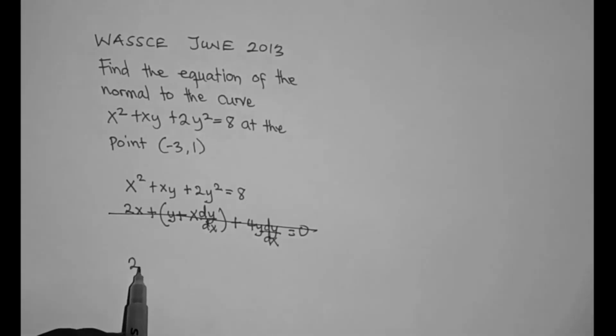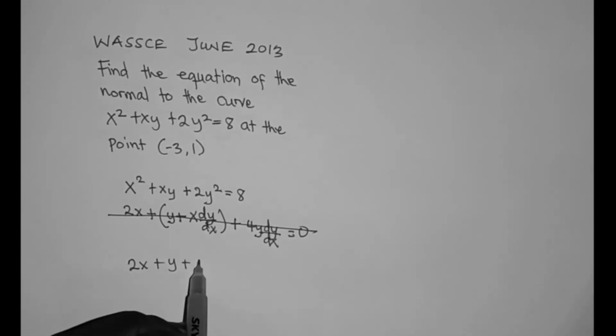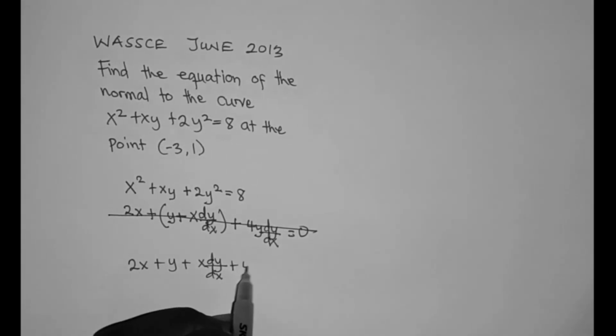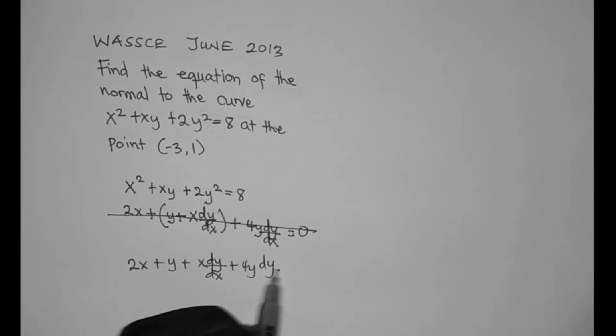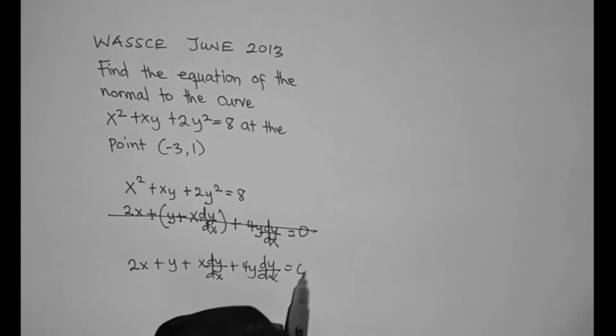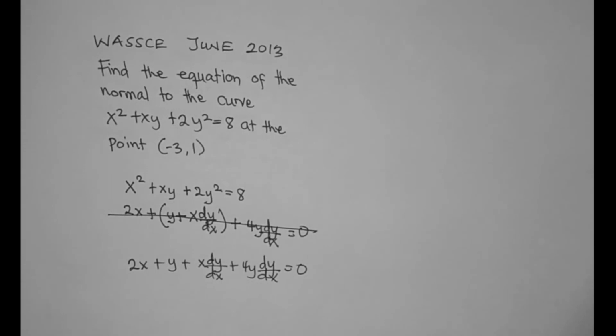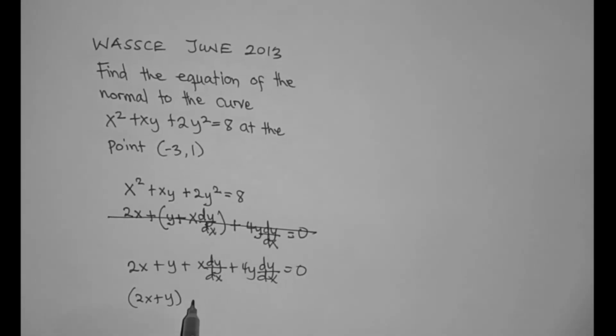So let me cancel this and write it well. So it is 2x plus y plus x dy/dx plus 4y dy/dx is equal to 0. So let's group like terms. So in this bracket we have 2x plus y plus, I want to factorize the dy/dx out.